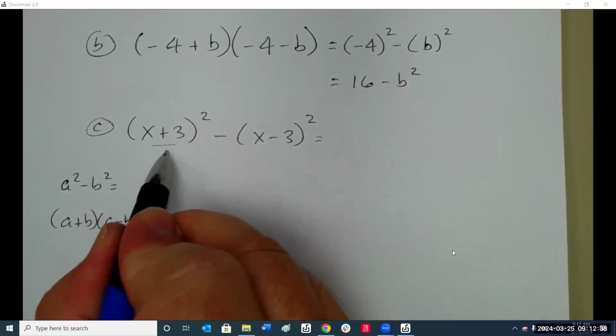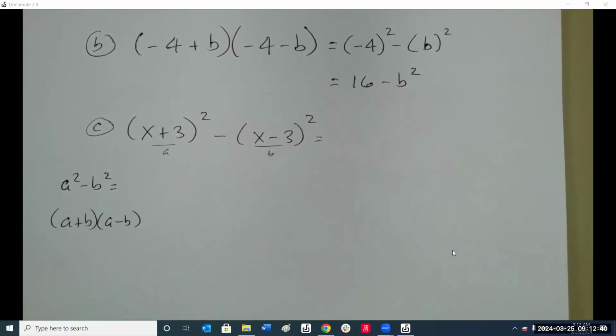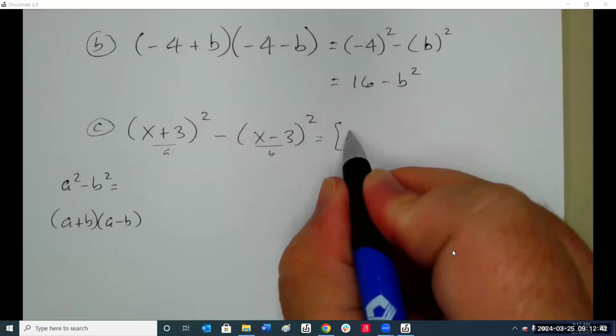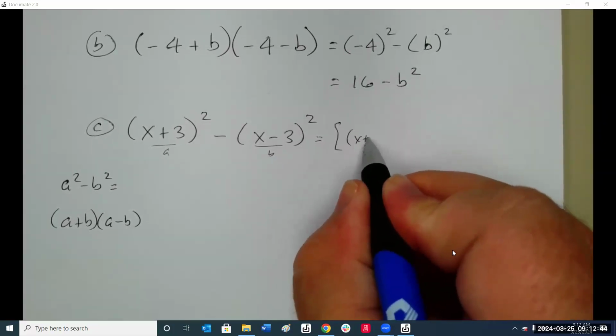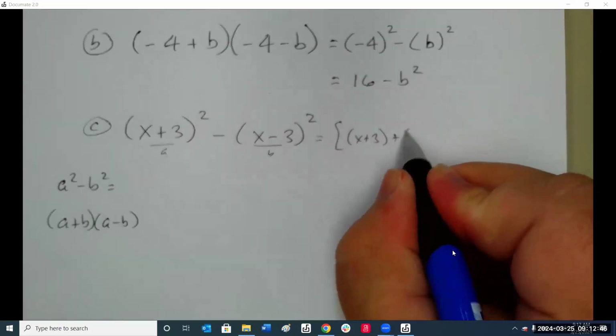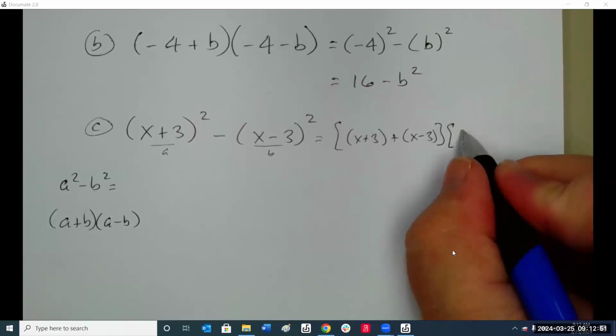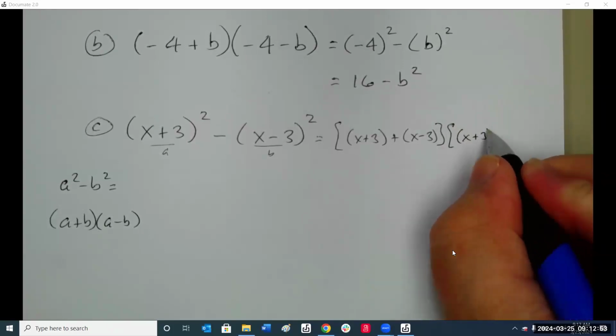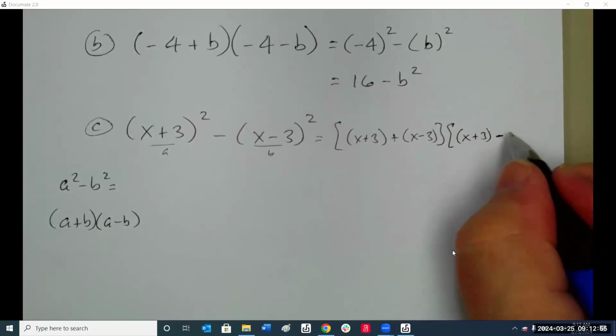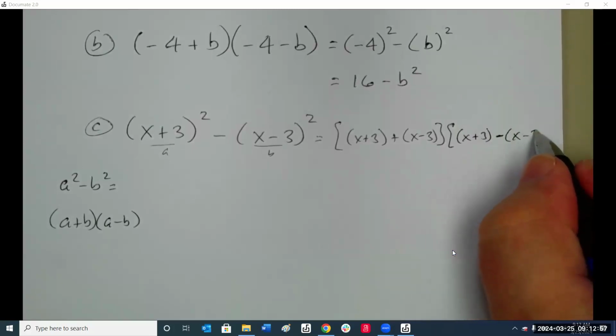Yeah, so this is a and this is b. So we have x plus 3 plus x minus 3, x plus 3 minus x minus 3.